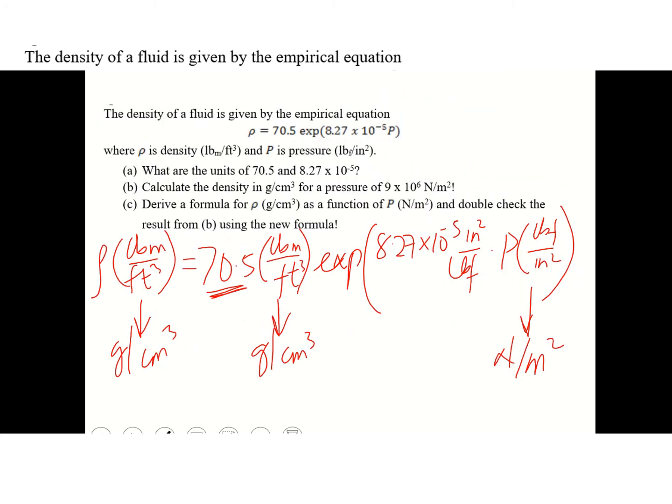Now we need to rewrite this. Here you can see it is in pound mass per foot cube. Now we need to write it in gram per cm cube. So I will rewrite that equation with gram per cm cube, and that will mean I'm going to multiply 1.6 times 10 raised to the power minus 2 times 70.5.